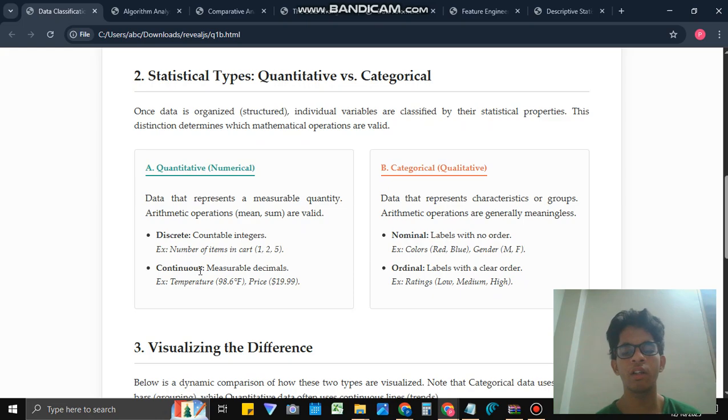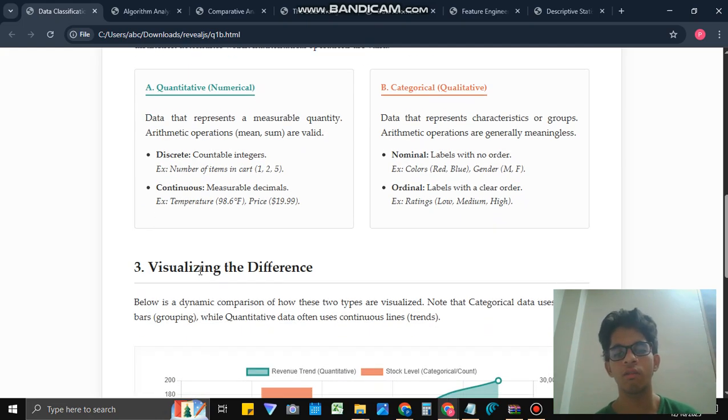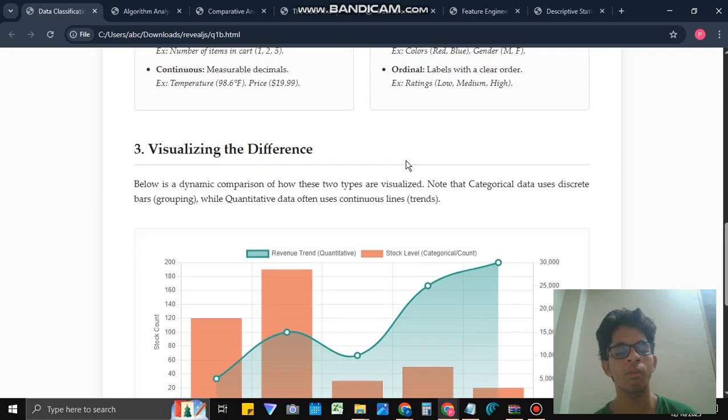In ordinal, we have ratings like low, medium, high, more than just a label, a clear order, right? A label with a clear order is called ordinal, and a label with no order is called nominal.